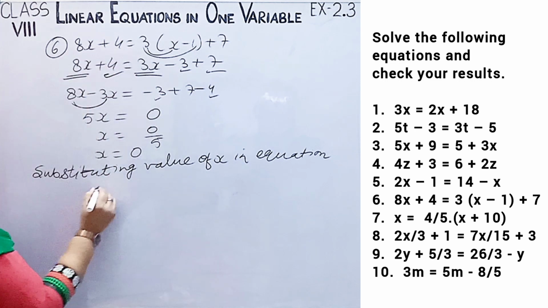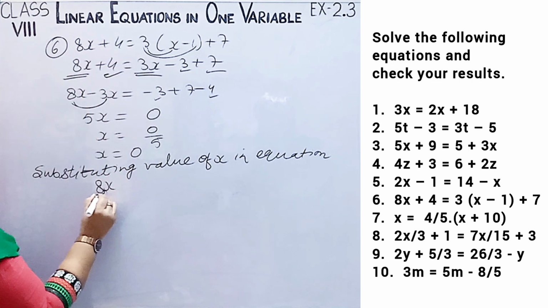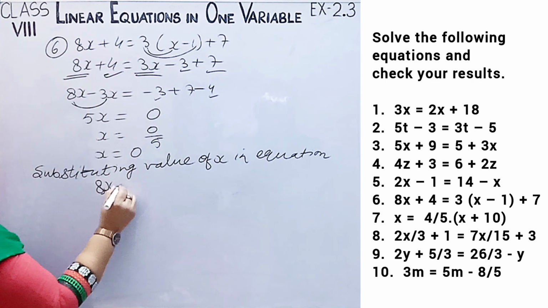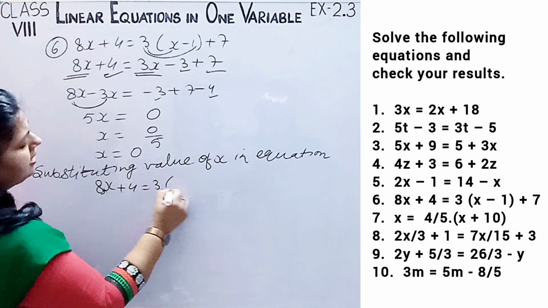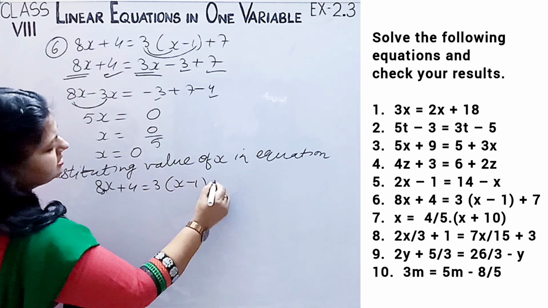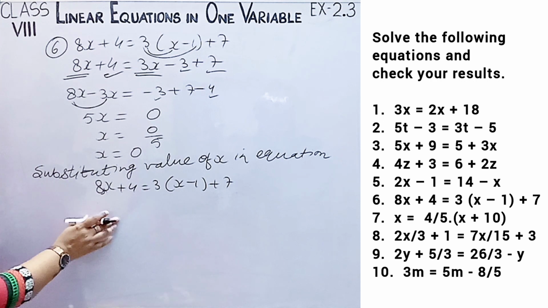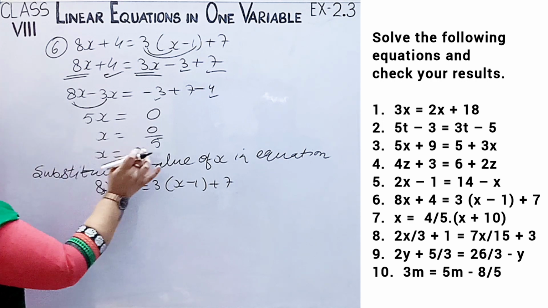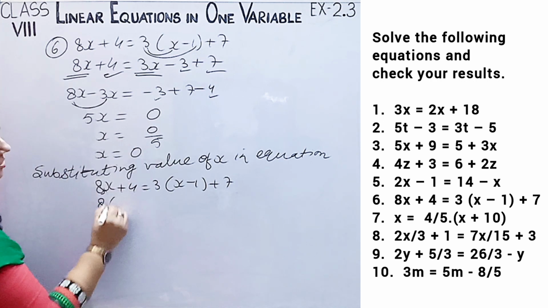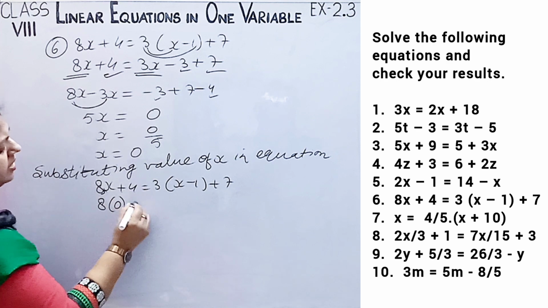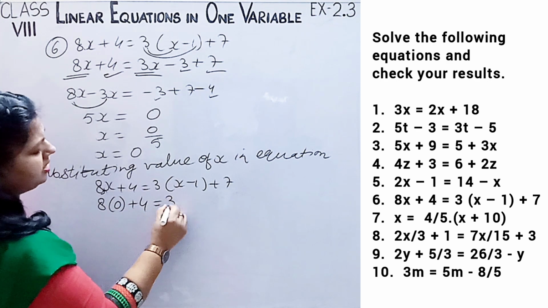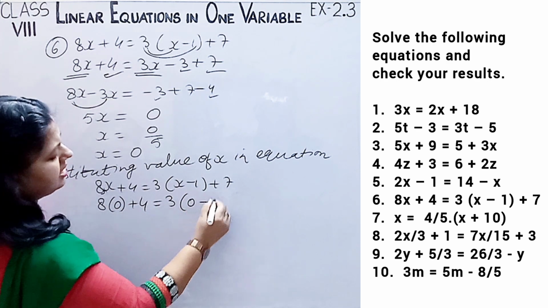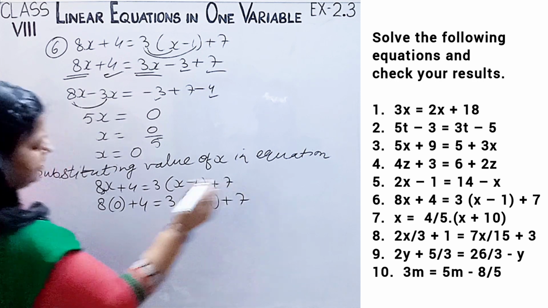Our equation is 8x plus 4 equal to 3, x minus 1 plus 7, and value of x is 0. So putting 0 here, plus 4 equal to 3, 0 minus 1 plus 7.